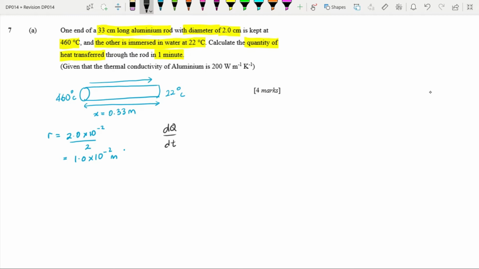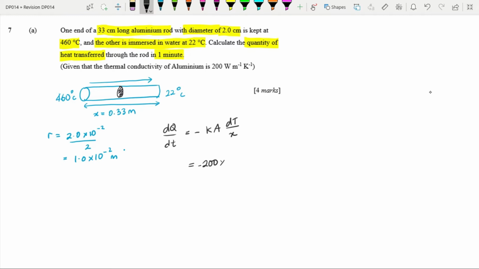So ini adalah rate of heat flow ataupun rate of heat transfer equals to negative K, which is the thermal conductivity, A dT, change in temperature over the length ataupun thickness of the rod. Okay, so kalau kita substitute dulu semua information yang kita ada, 200 as dia punya K, area yang kita akan gunakan adalah cross sectional area sebab heat flow through the rod, along the rod kan.